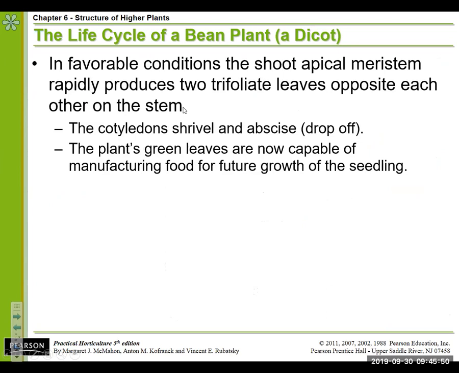So of course, as they grow, that meristem is kind of leading that growth in both directions, going up as well as out. The cotyledons themselves, once that energy is absorbed by the plant and the plant is able to photosynthesize on its own, are just going to shrivel up and drop off.